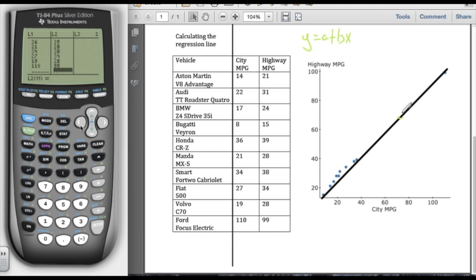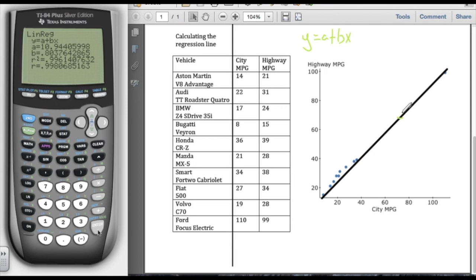Now that this is in, for my calculations, I go to Stat, over to Calc, and I want number 8, the linear regression in the form a plus bx. You can just hit the number 8 and then enter until your list is populated.